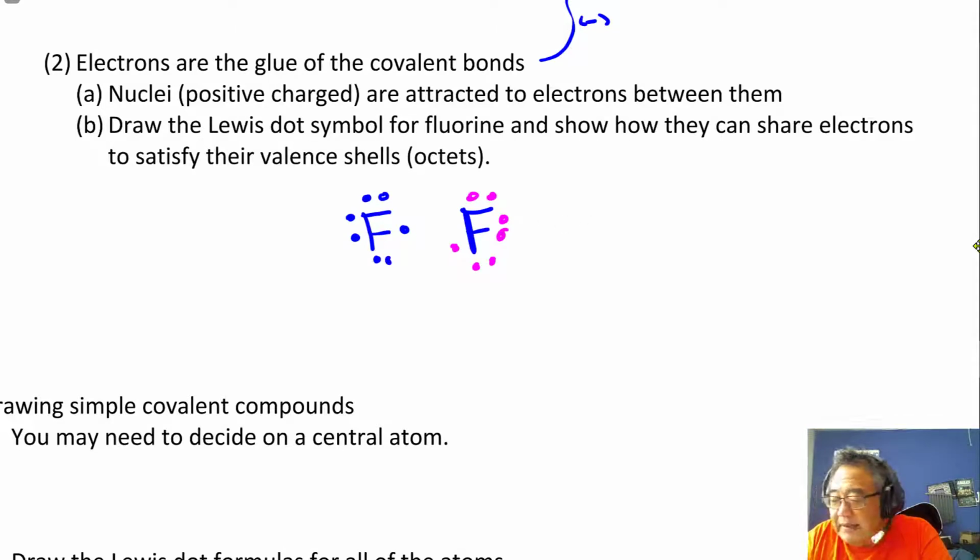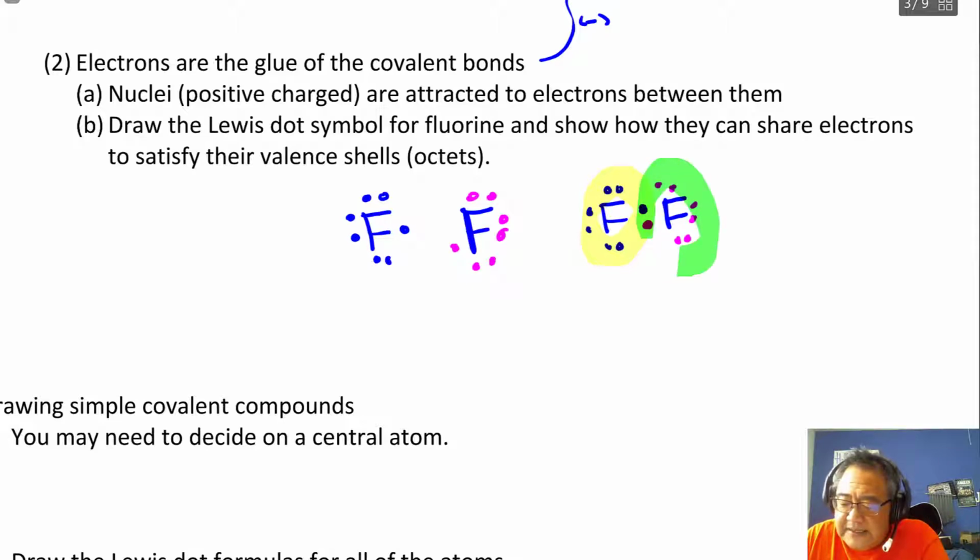So it'll look like this. Now, if you count electrons on both of these, that's 8, and on this one, that's 8. So they both have 8 electrons, and they both satisfy the octet rule that way. So that is fluorine when it bonds.